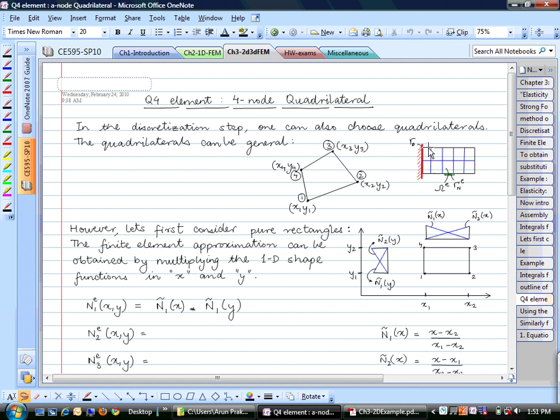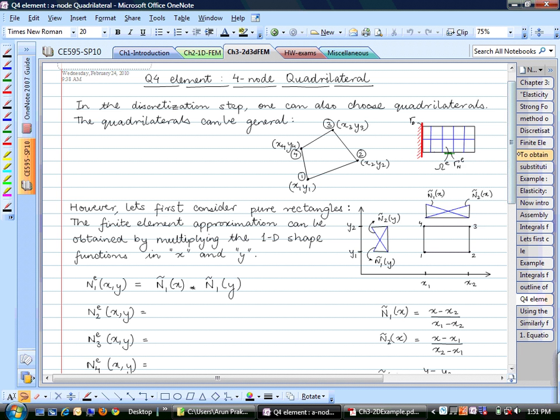But for now, let's just consider regular rectangles which are oriented with x and y dimensions. So the idea is that you have the same domain. Instead of discretizing it with triangles, you are just dividing it up into rectangles. And let's try to find out what the shape functions are for all these rectangles.